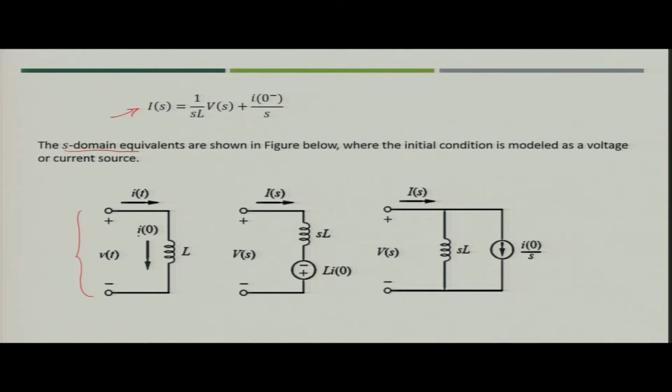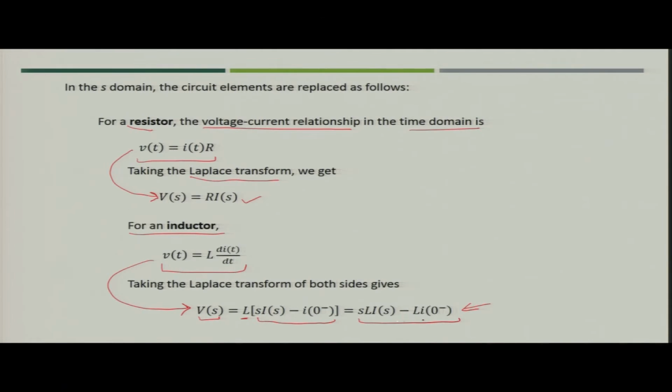Now, if we have to convert them into S domain, v(t) will become V(s), i(t) will become I(s). Now, for the inductor L, we know that V(s) is nothing but sL I(s) minus L i(0). So, that is what we got from the Laplace transform.